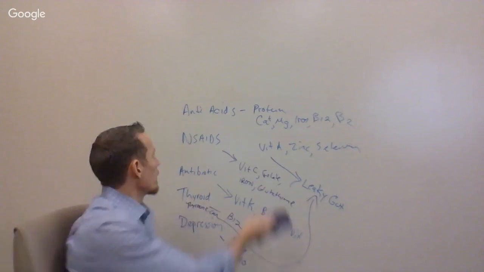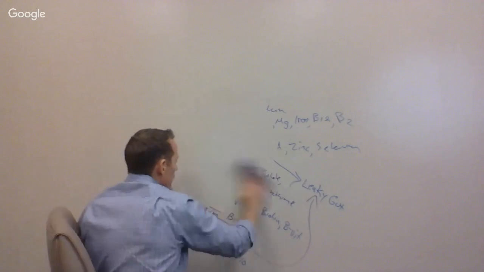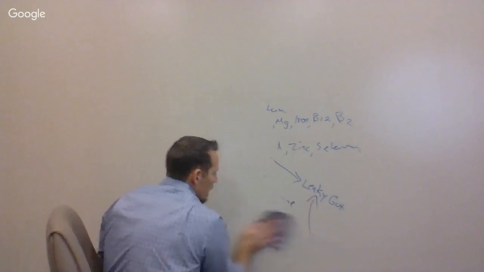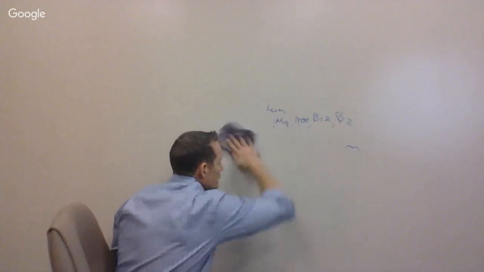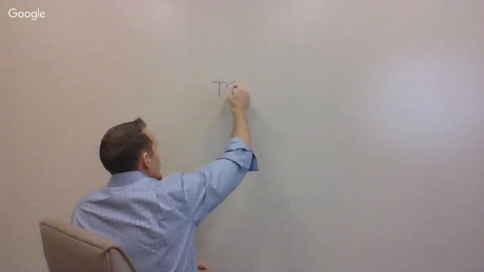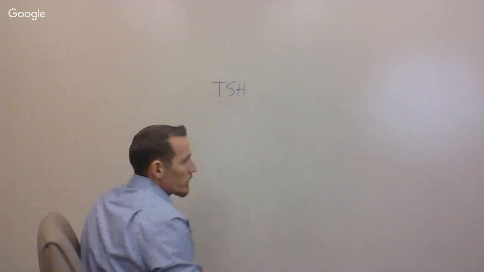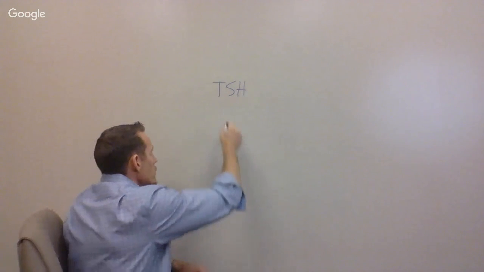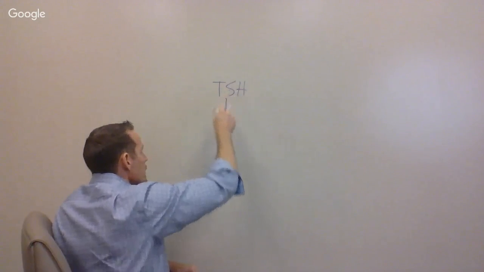we'll draw one more picture. Our brain makes this hormone called thyroid stimulating hormone, TSH. And most doctors that are measuring or monitoring thyroid will measure TSH.